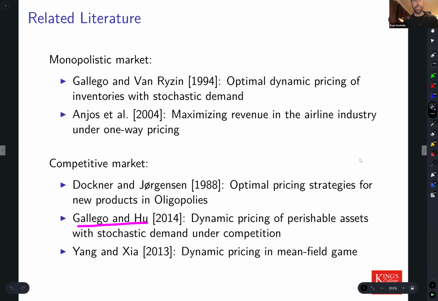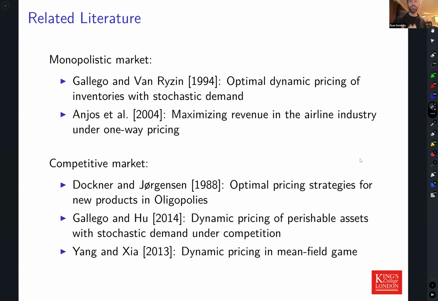Gallego and Hu is more or less a direct generalization of the first paper I mentioned by Gallego and Van Ryzen. Multiple agents selling a perishable asset, and they establish some conditions for when they have an equilibrium amongst multiple agents. What we're going to do today is probably most similar to this work here, Yang and Chia.